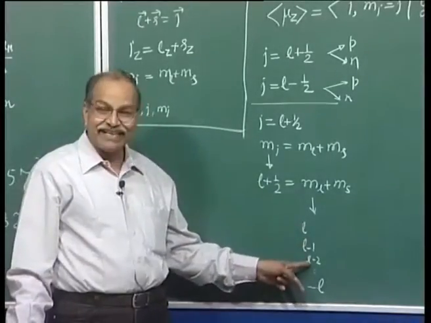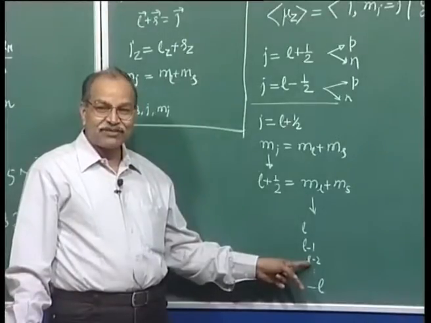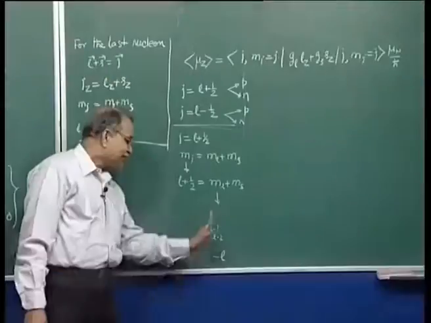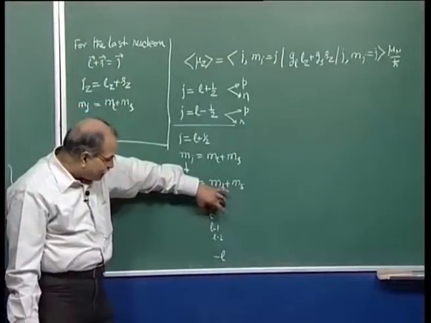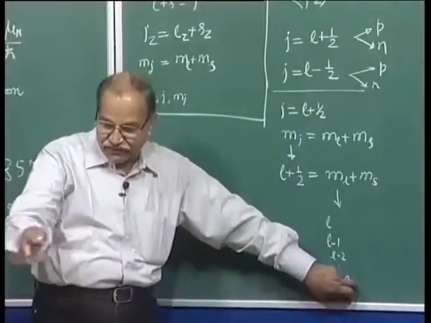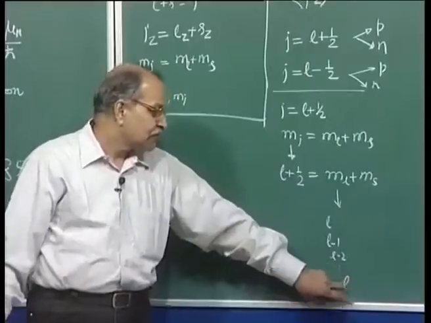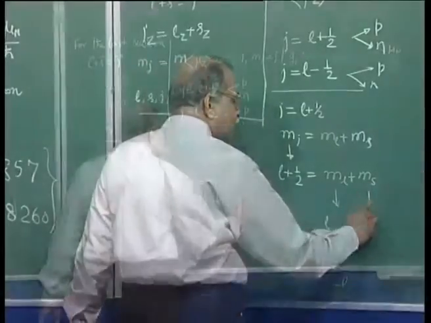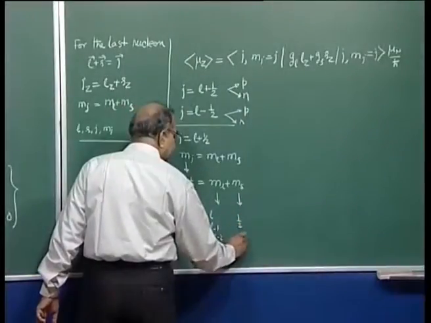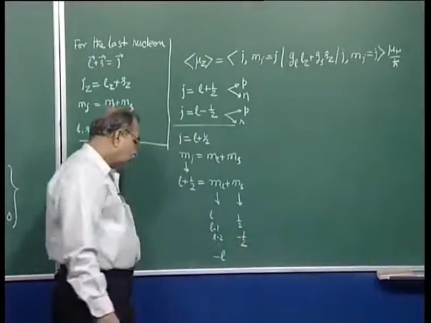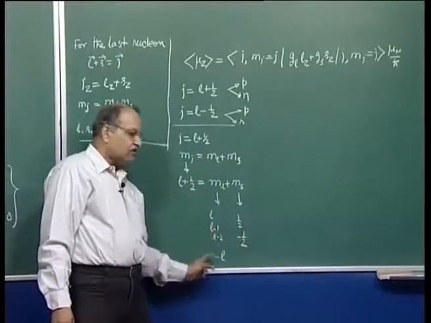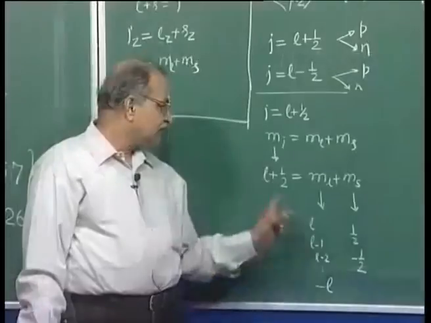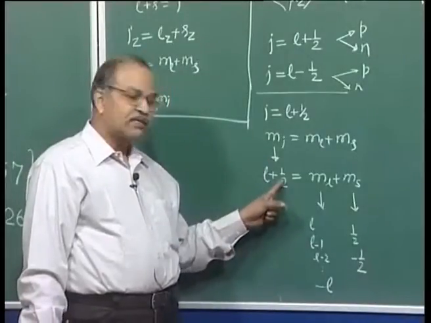It will end here only if we are talking of S state, but the idea is it starts from L and goes up to minus L in steps of 1, wherever it stops, and this Ms can have only 2 values, half and minus half. Now, what combinations of Ml and Ms will give you Mj equal to L plus half?